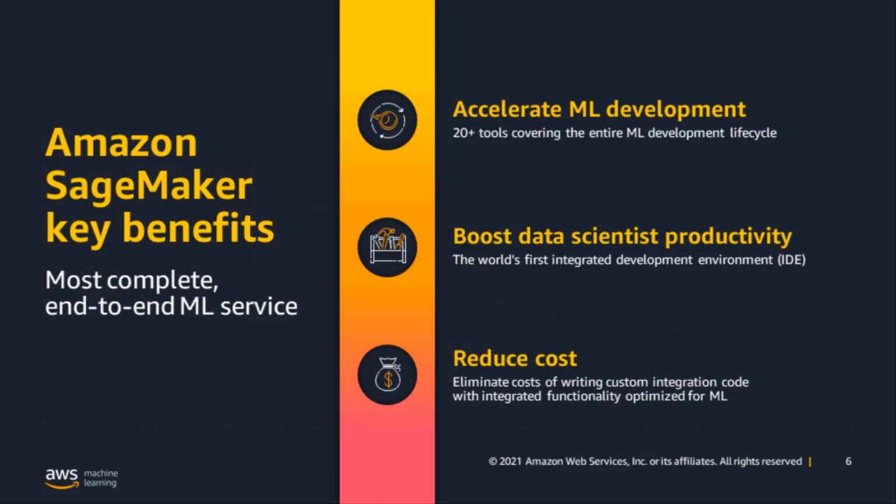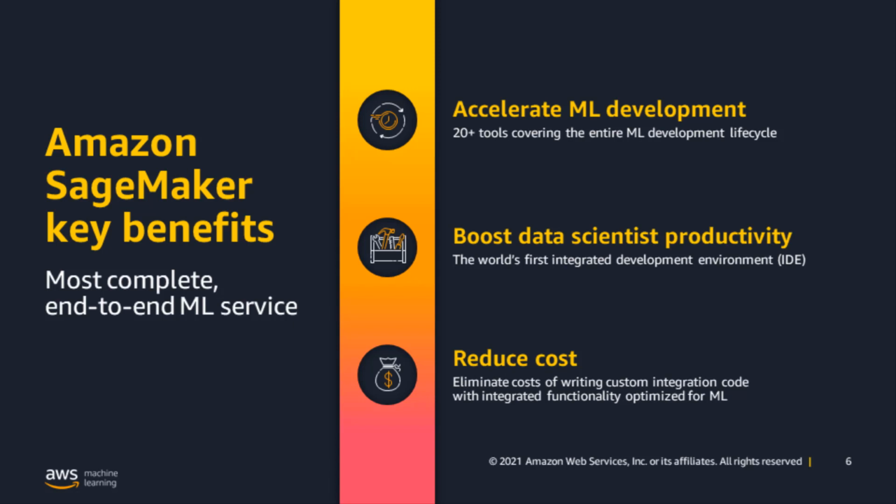So if I have to summarize the key advantages that SageMaker brings, it comes into these three categories. The first one is agility. With SageMaker, you're able to accelerate ML development with 20-plus purpose-built tools, ranging from SageMaker Data Wrangler for data preparation to SageMaker Pipelines for workflows, and then SageMaker Clarify for bias detection.